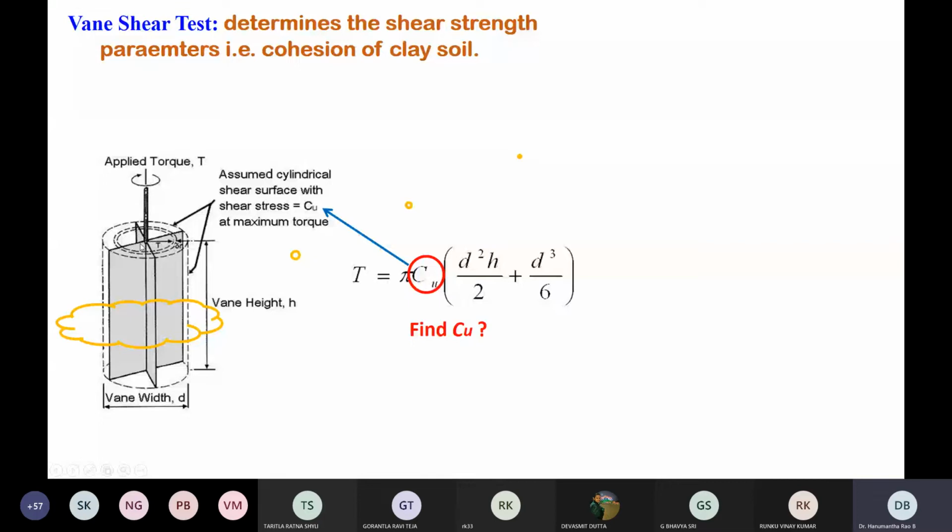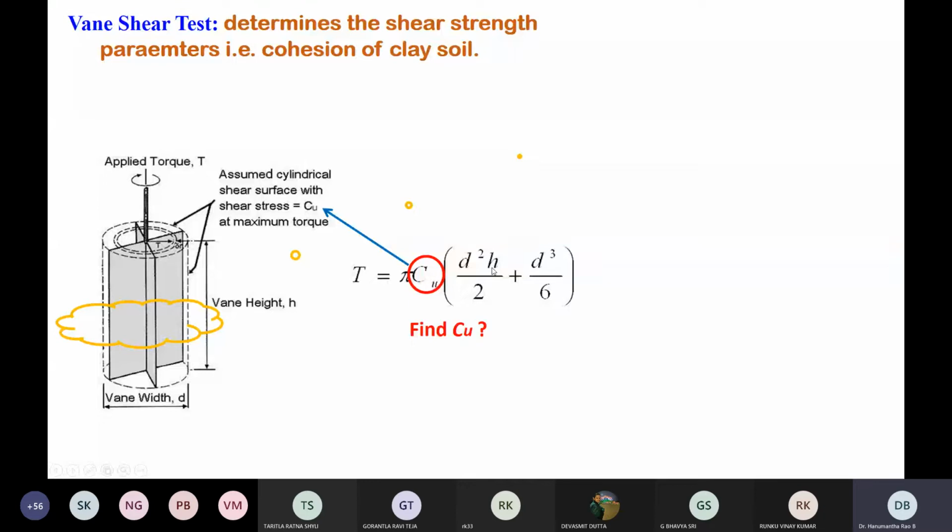This is an empirical equation which relates the applied torque with the cohesion value of the soil sample, along with other parameters. Because we are using the vane, the vane shear is made for a particular geometry, that is the diameter d and height h.